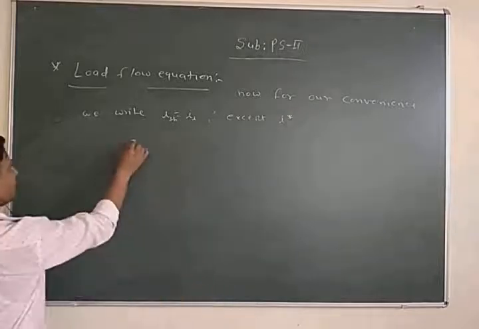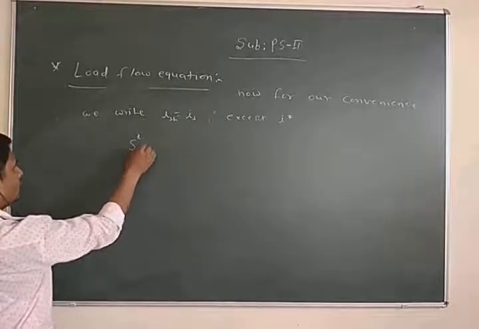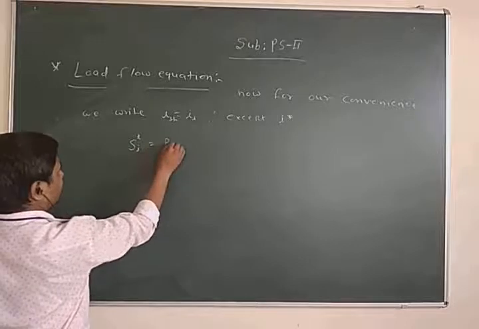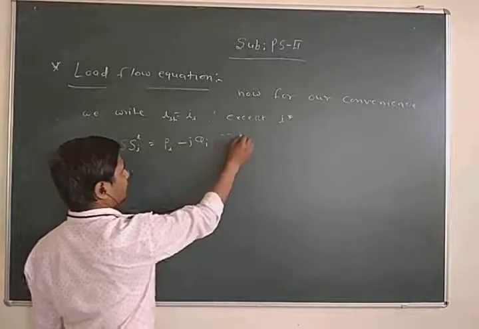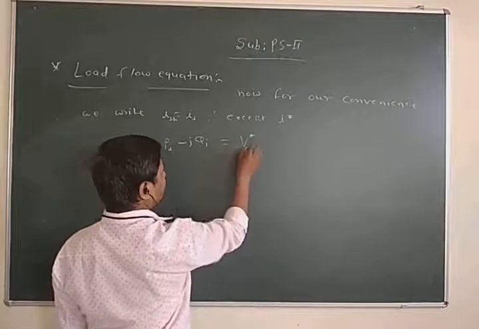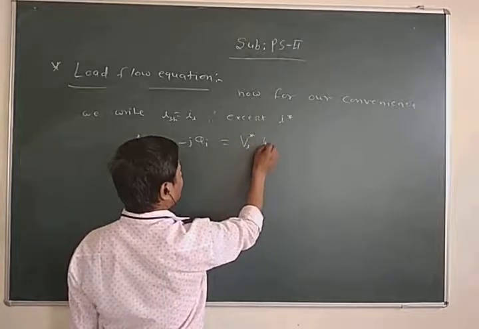So S conjugate is equal to P minus jQ, which we can write as Vi conjugate into Ii.